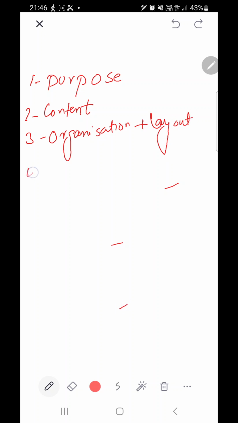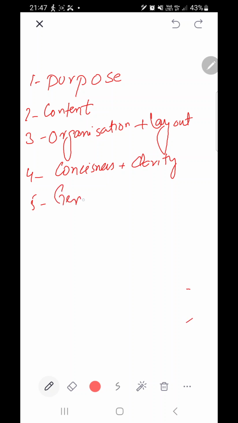The fourth is conciseness and clarity. The fifth is genre and style. And sixth is the language part. So based on these 6 points, your letter will be graded.